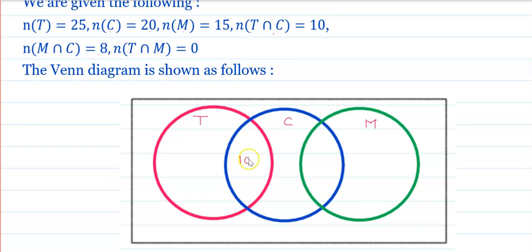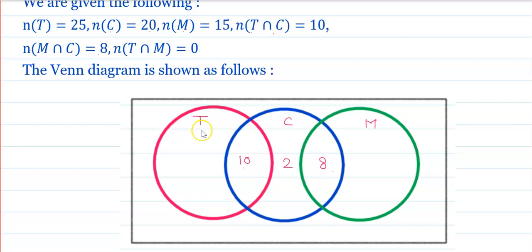Next, C intersection M, that is the number of students who take milk and coffee, they are the 8. Now, how many students take coffee only? The total is 20. Now see here, 10 plus 8 is 18. Total number of students who take coffee is 20. Therefore, only 2 is remaining.